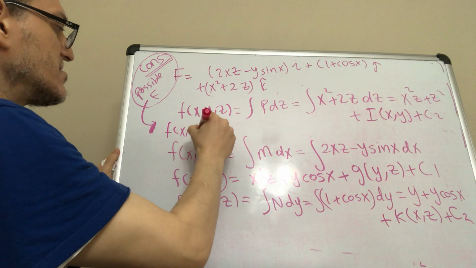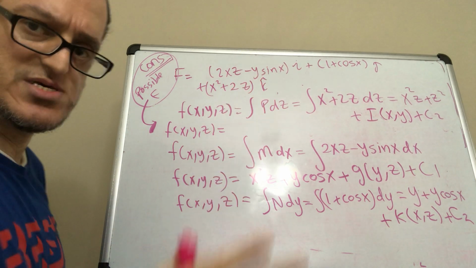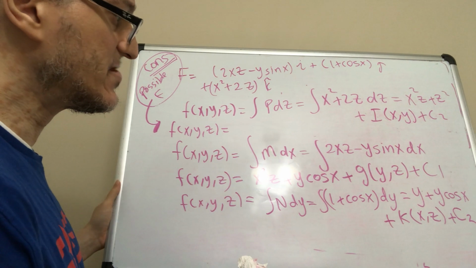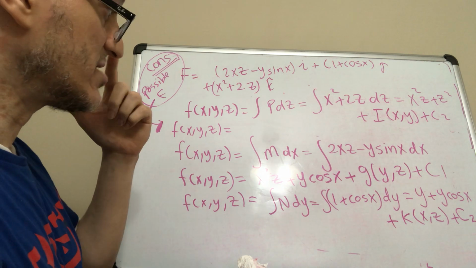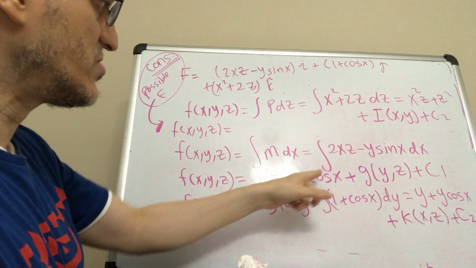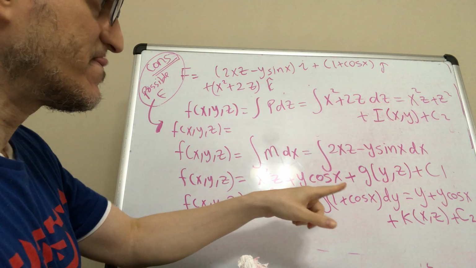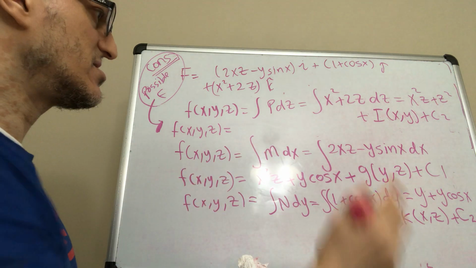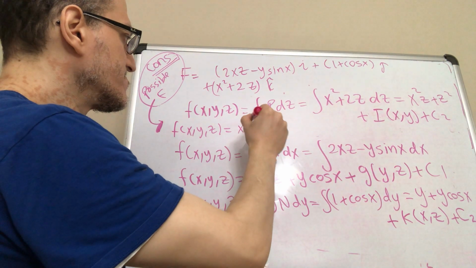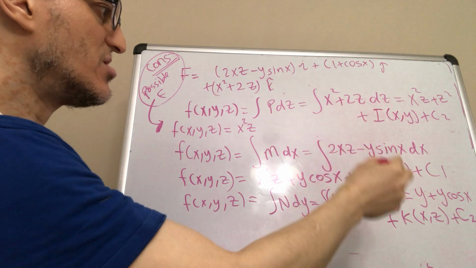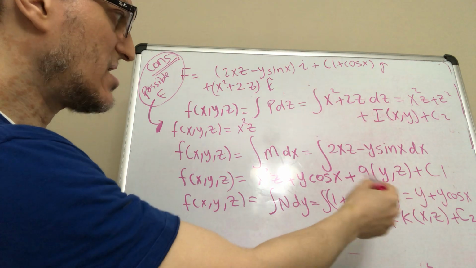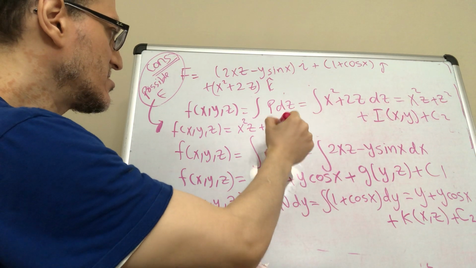Possible function, like we did for the 2D one, anything repeated, you include one time. You see x squared z is repeated, so you're going to include it once. You also see y cosine x, so you're going to include it once.